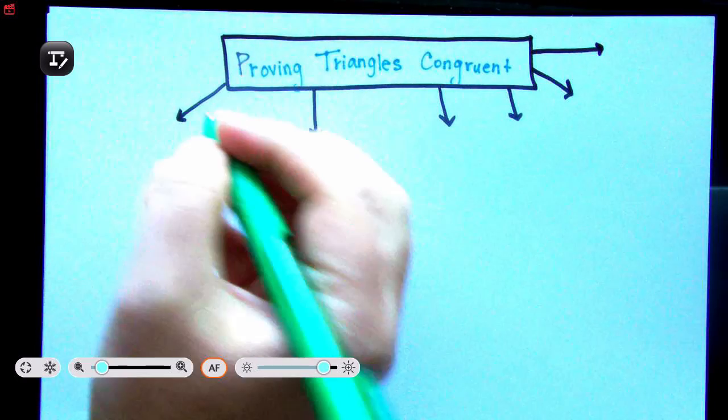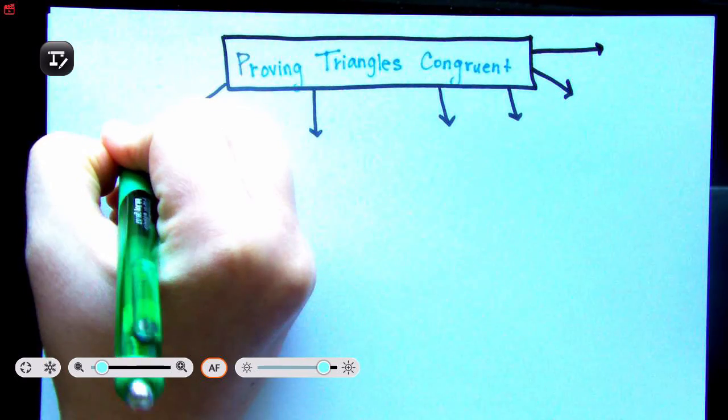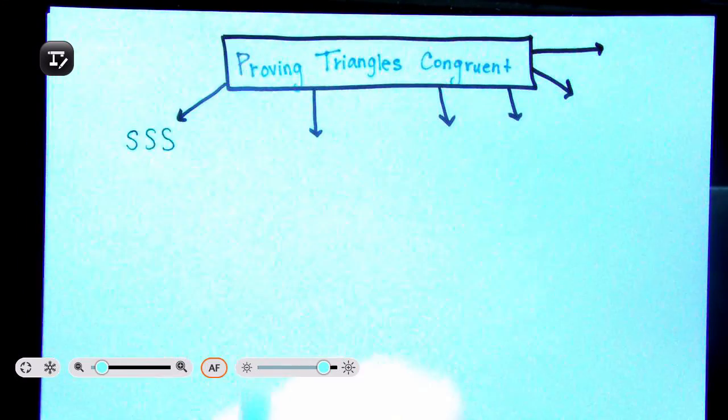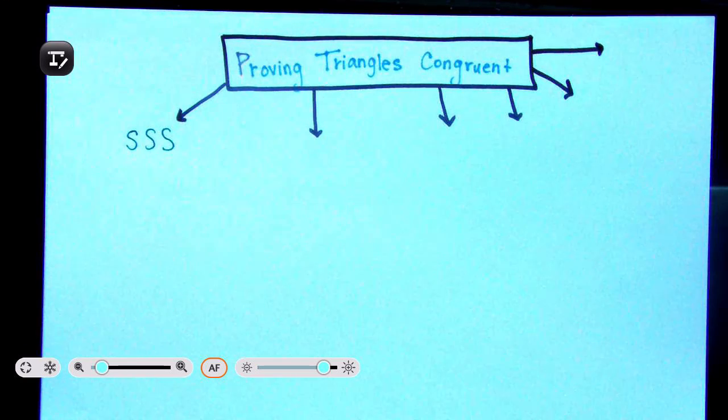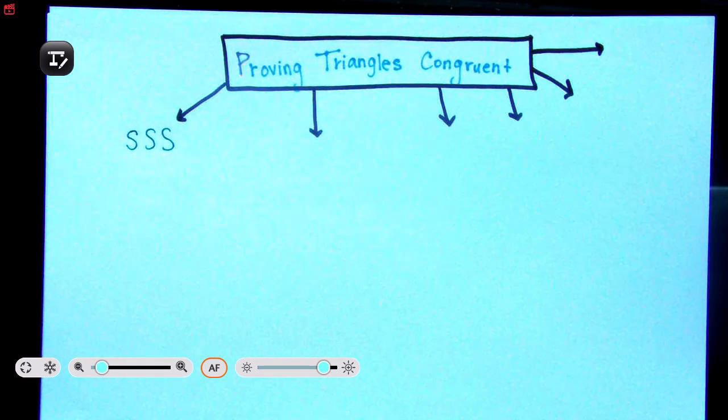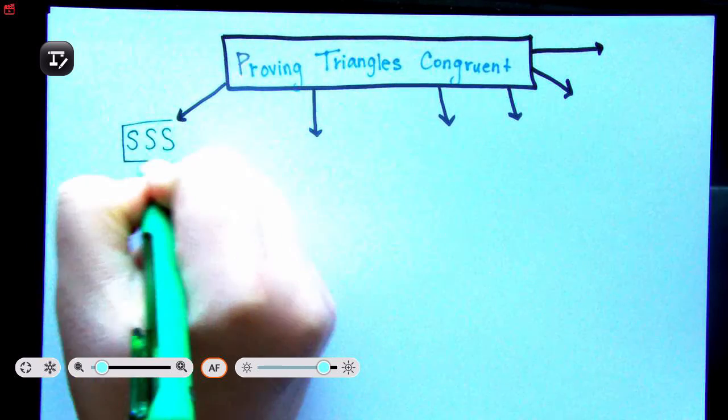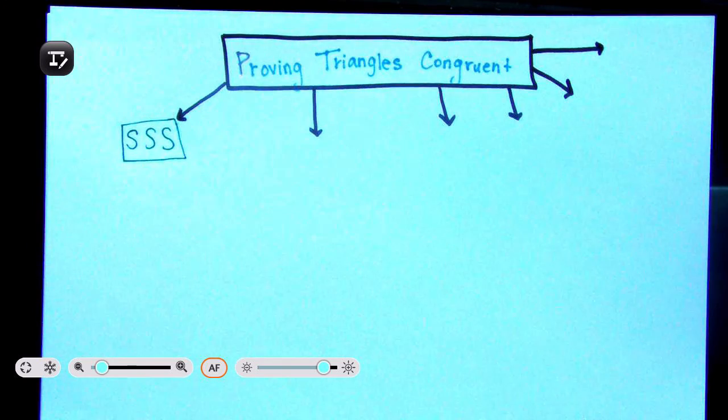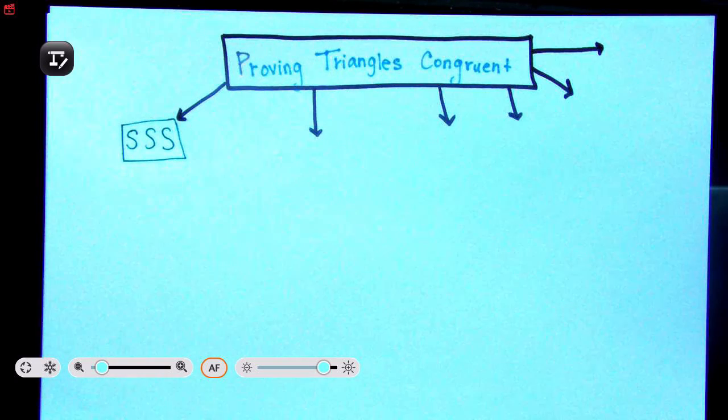So the first way to prove that two triangles are congruent is SSS. Now I personally don't call it SSS because that just takes too long to say. I call it like a snake. You get it?